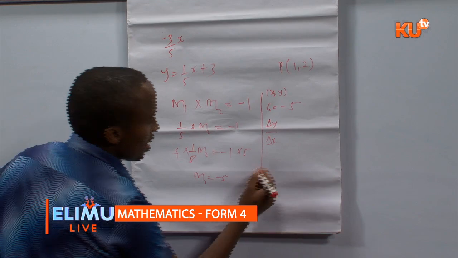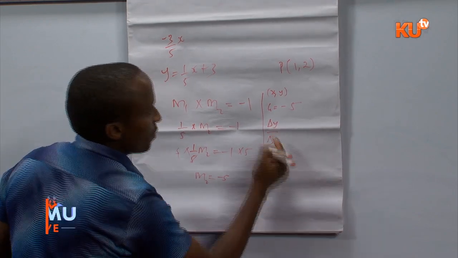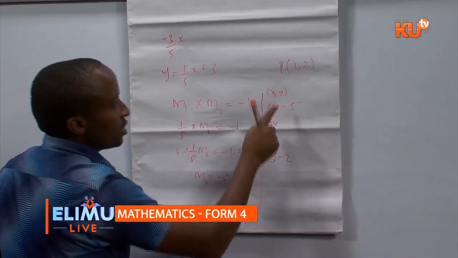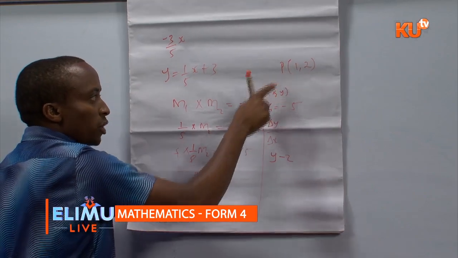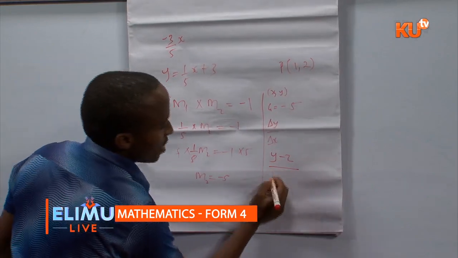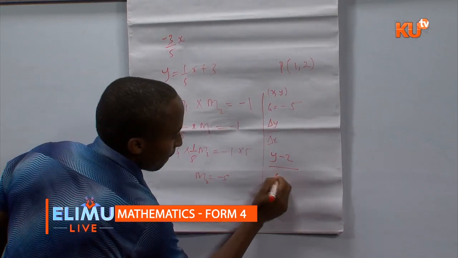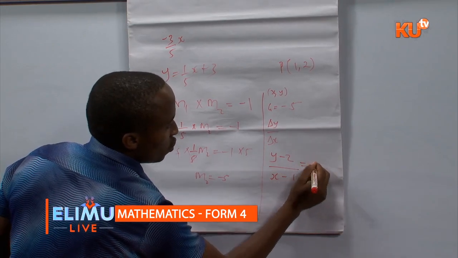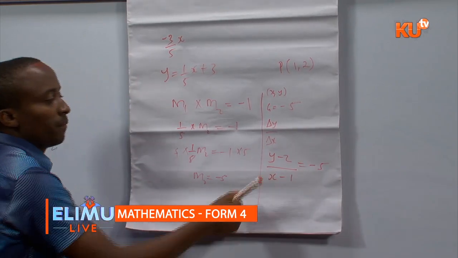So the gradient is the change of y over change of x. Very simple here, just substitute: y minus 2, taking the unknown point, over x minus 1 is equal to -5.